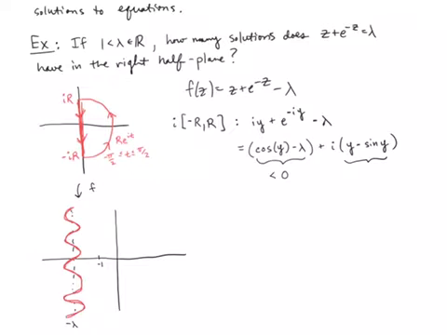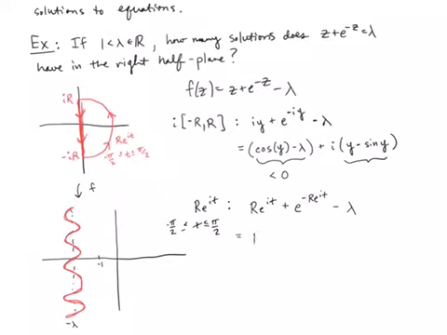Okay, and then you have the r e to the i t part as well. That's that right half circle there, and t is between -pi/2 and pi/2. Now when we plug that in, we have r e to the i t, and then we have e to the minus r e to the i t minus lambda.